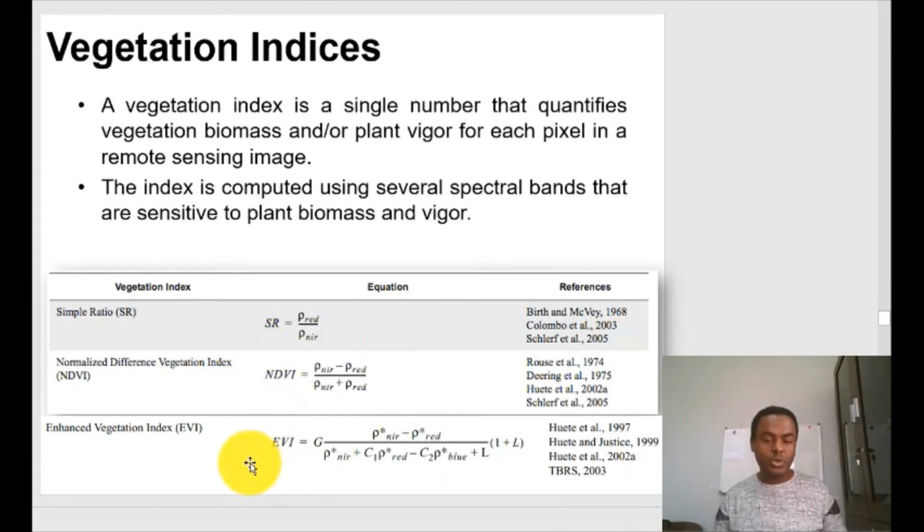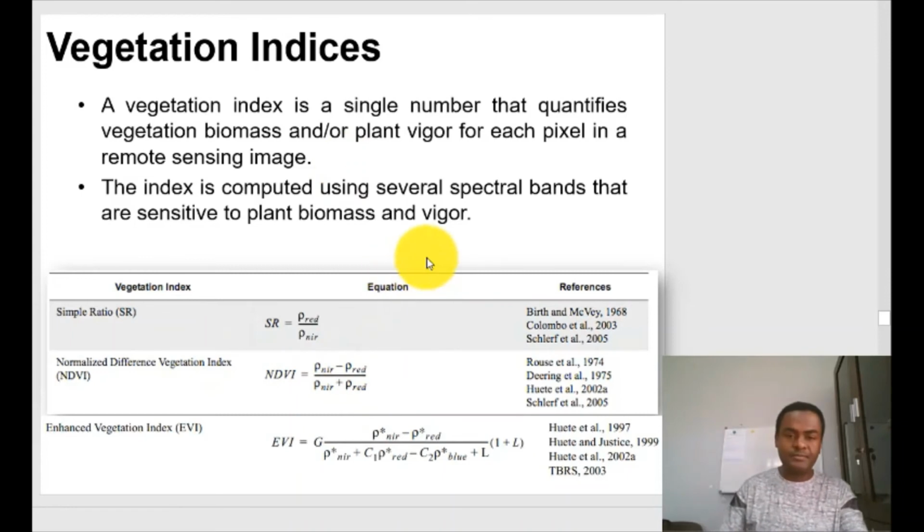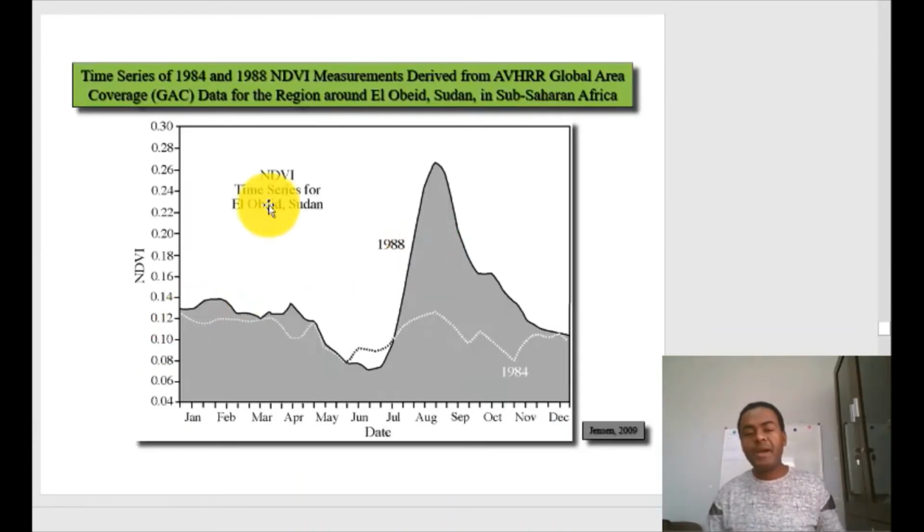In that case, the enhanced vegetation index is much more useful. So you can compute this, and by using NDVI or EVI, it is very important to use NDVI as an index of drought.